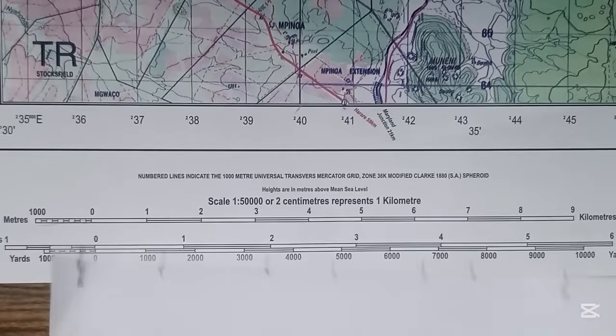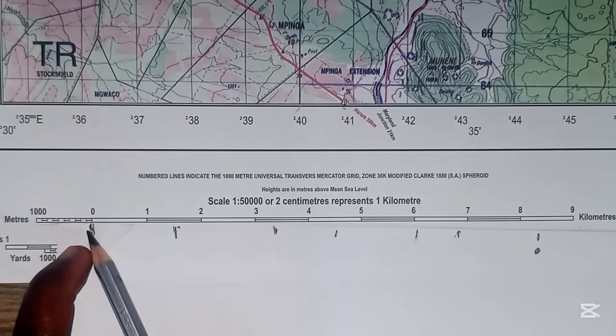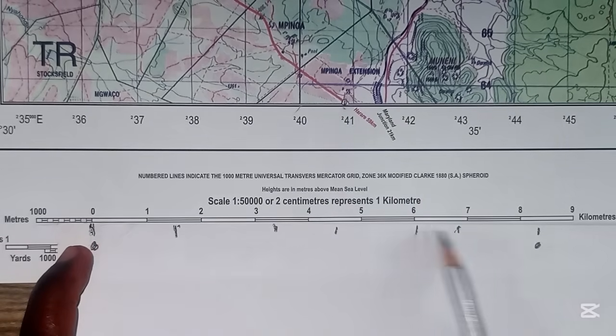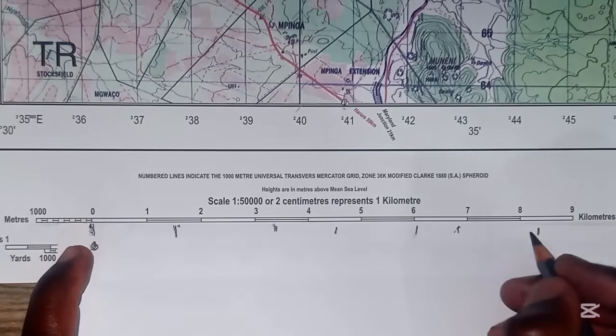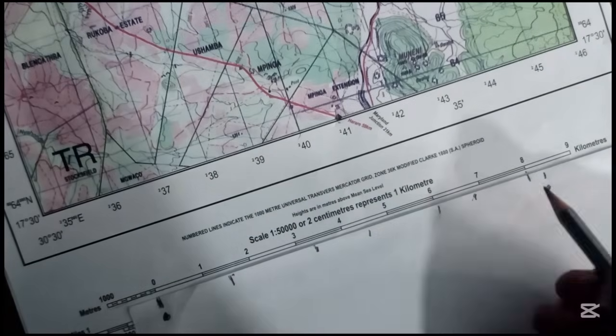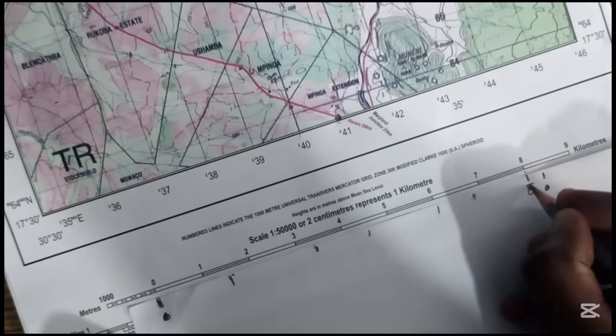Remember, always start from 0. So the first point should be at 0. This is where we are having our 8. So you know that this is where 8 kilometers is.